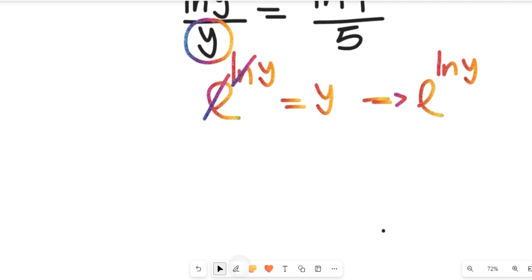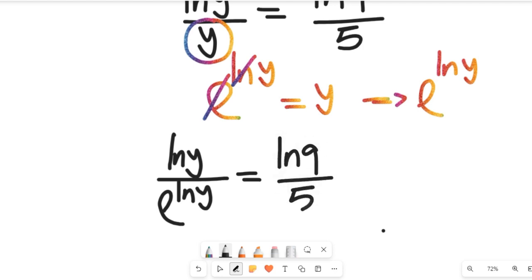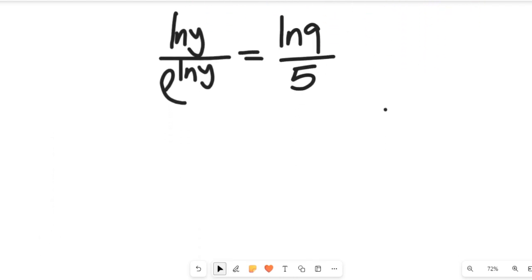If I do that, the left side becomes the natural log of y divided by the natural exponent of the natural log of y, and this will be equal to the natural log of 9 divided by 5. Great. Now, having arrived at this, what do we do next?